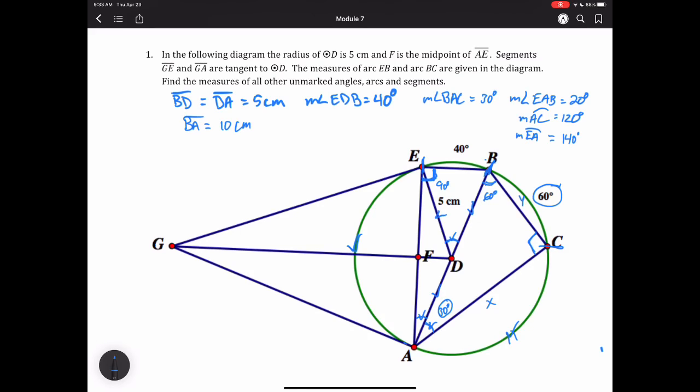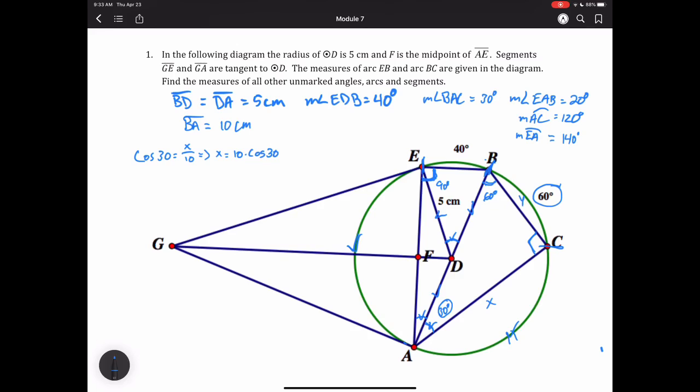I know that the hypotenuse of that right triangle is 10 centimeters. Okay, and so I'm going to use cosine first to find X because it's adjacent over hypotenuse. So cosine of 30 is equal to the adjacent side over the hypotenuse. Okay, so when I rearrange that, it gives me X is equal to 10 times the cosine of 30.